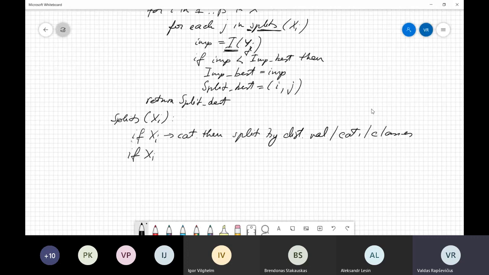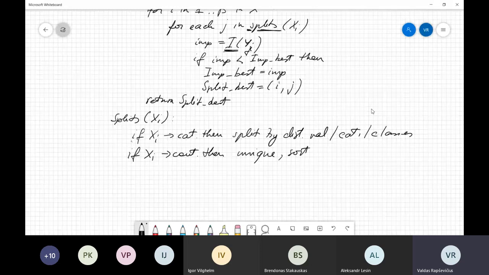Okay, if xi is a continuous value, of continuous type, then what we do, we take unique values, these basically distinct values. We take all the unique values, and then we sort them, from lower to higher, and then we return middle values.